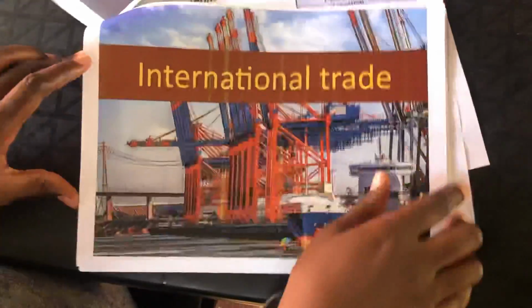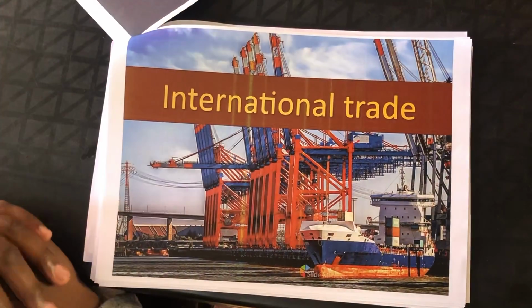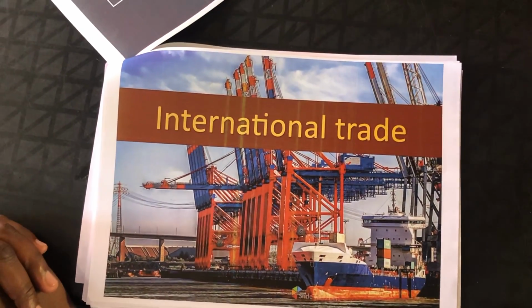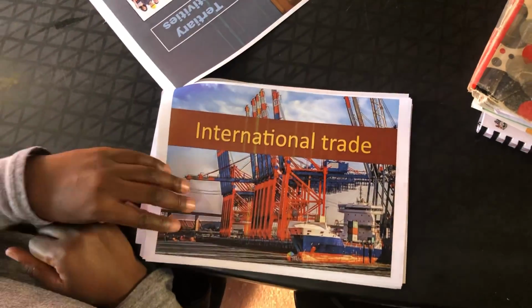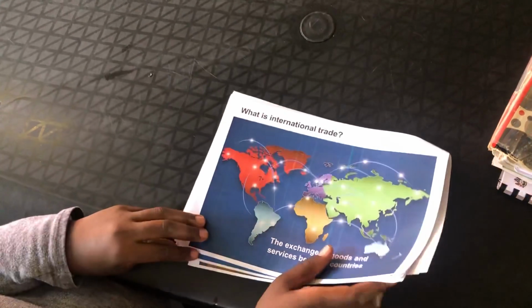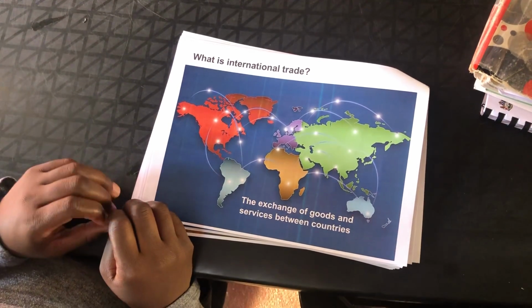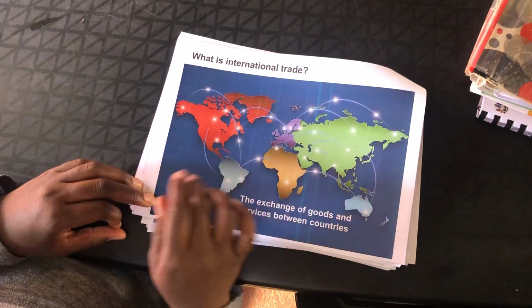Then lastly, whenever we look at our economic sector, we look at the tertiary activities, the provision of services, and we are mainly concerned with international trade. What is international trade? It is exchange of goods and services between countries, from one country to another.